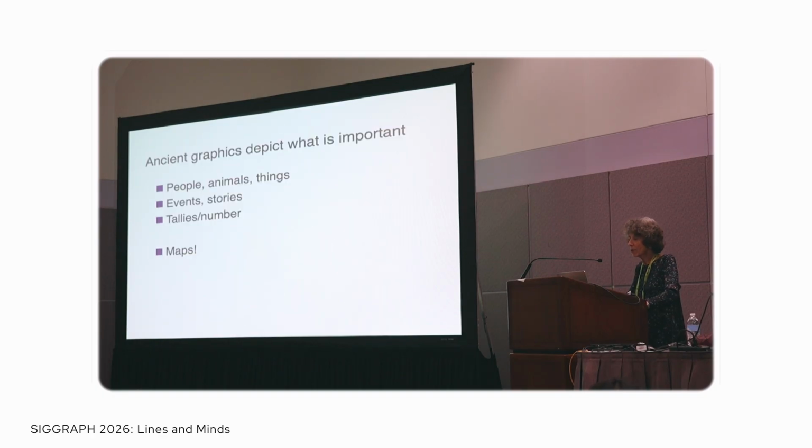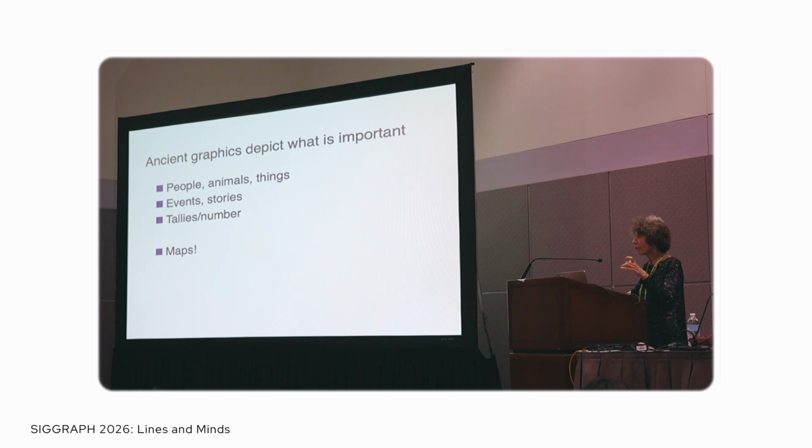Okay, so ancient graphics depict what is important because you have to go to great trouble to create them. So we saw people, animals, things. We saw events, stories. We saw things that might be tallies, primitive numbers, and we saw maps.